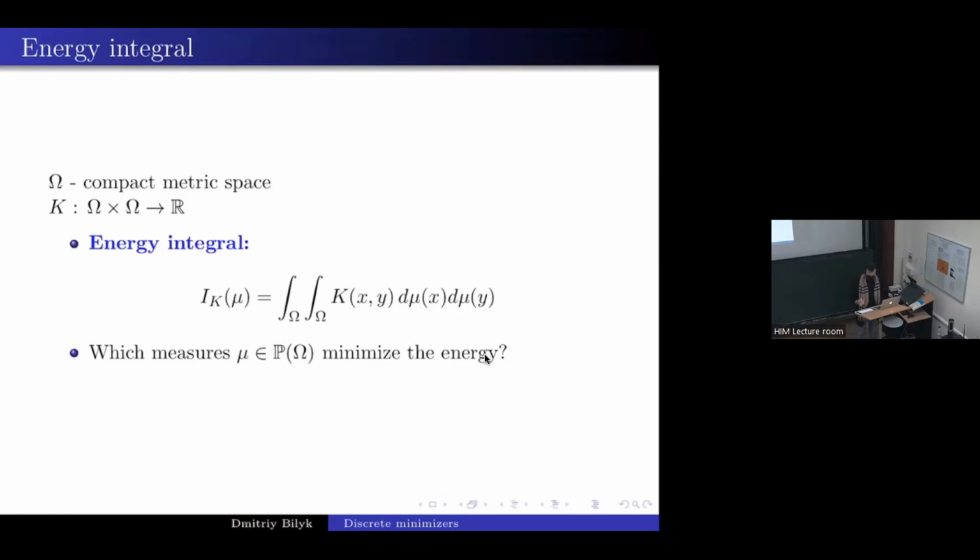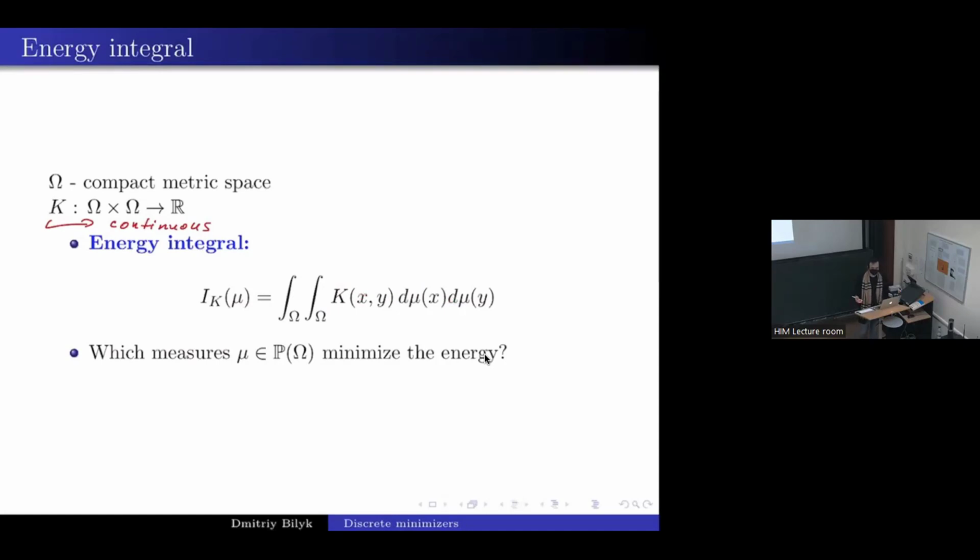Okay, so the main object that I will talk about will be the following. Let's take some compact metric space and some kernel on that space. For the purposes of this talk, and maybe some of you will be disappointed by this, the kernel will be non-singular, so continuous or at least bounded. Then we consider the energy integral, which represents the pairwise interaction energy induced by this kernel.